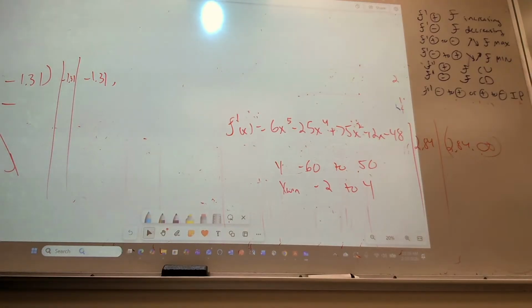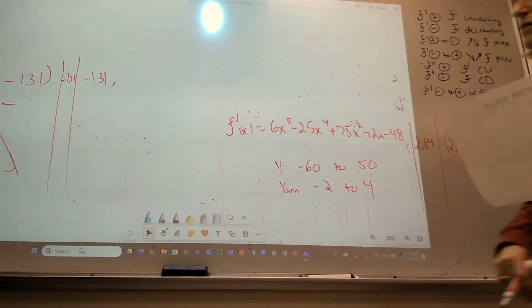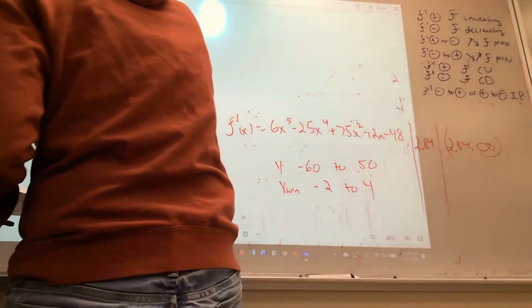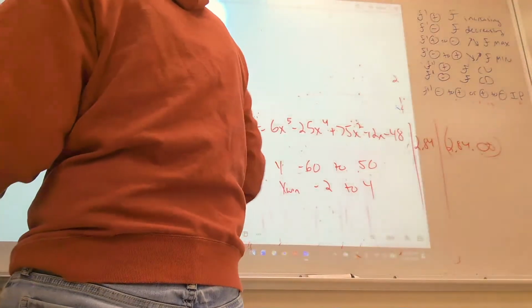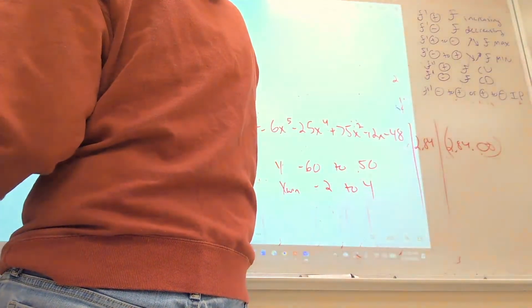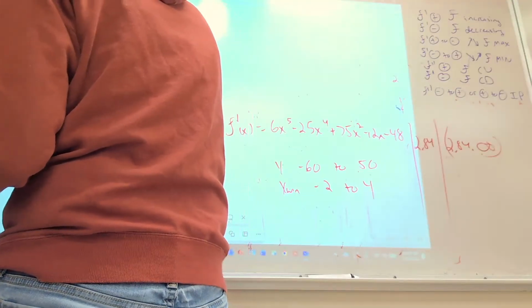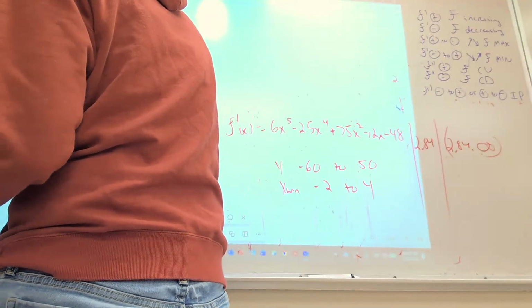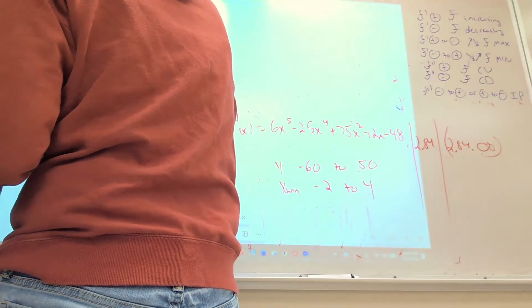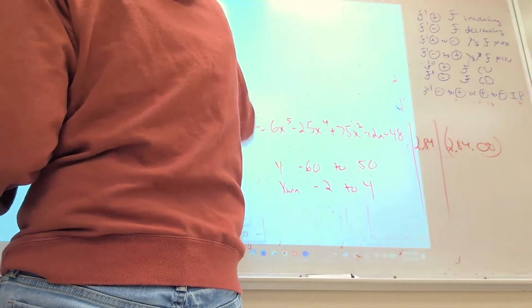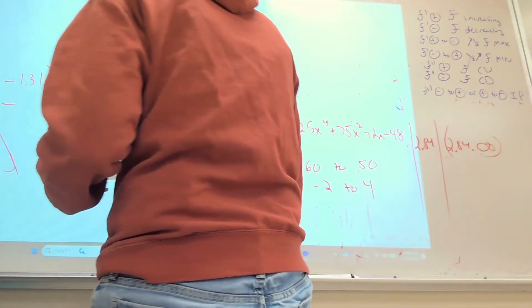I have minus 0.839, minus 0.84. Okay, so we know that that second derivative came positive there. So we know we have a min here. Now let's go to the next one.